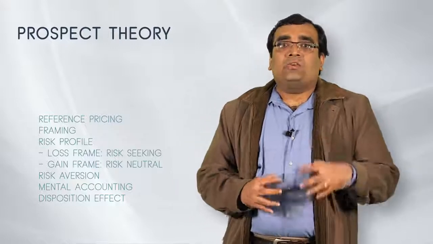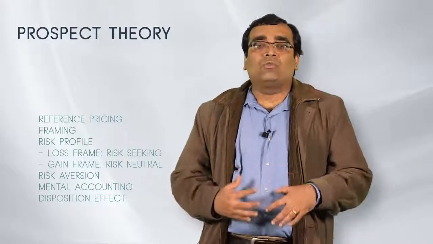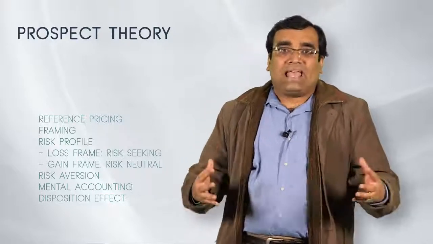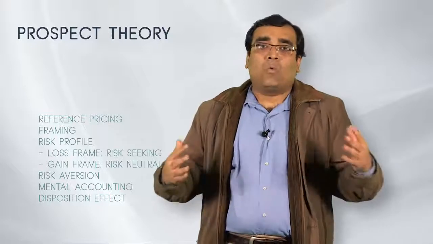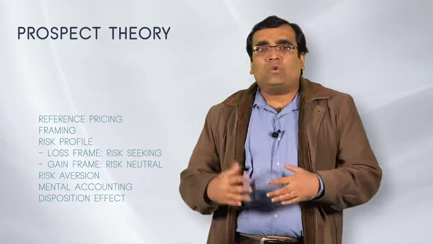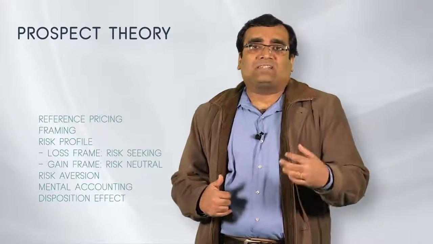Finally, there's something called disposition effect. That is, you somehow hold on to your losses and gains. Especially, you hold on to your losses for longer and sell your gains faster. What is that? Basically, say you have this jacket and you want to exchange it for a better jacket.